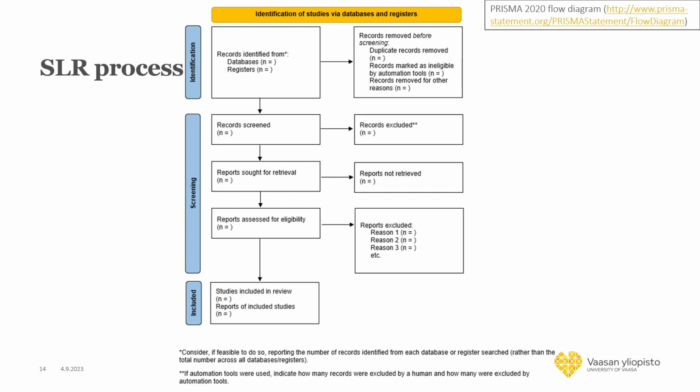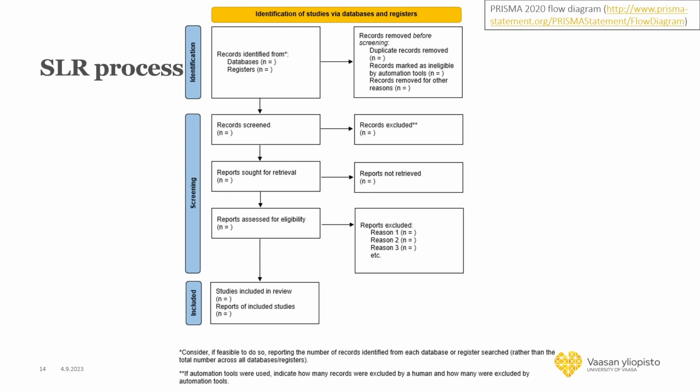So during the identification, screening, and the inclusion of those papers, you need to establish the number of papers that you were analyzing. This is the N there, the number of papers, and the number of the databases or registers that you were checking, and so on.